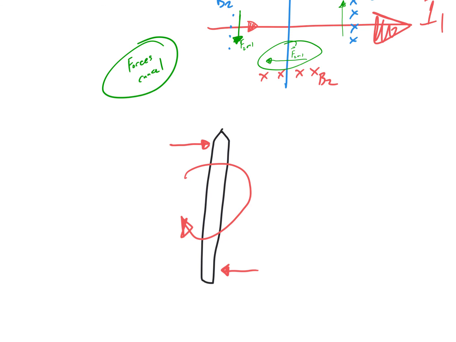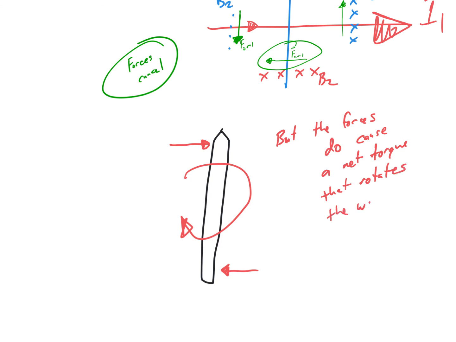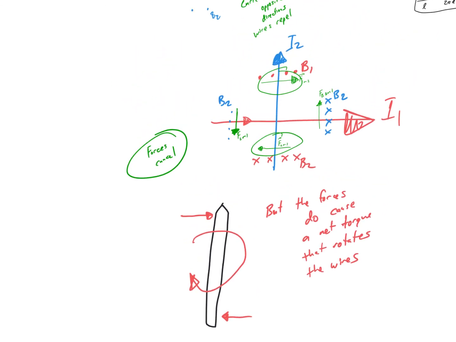But the forces do cause a net torque that rotates the wires. How does it rotate the wires?